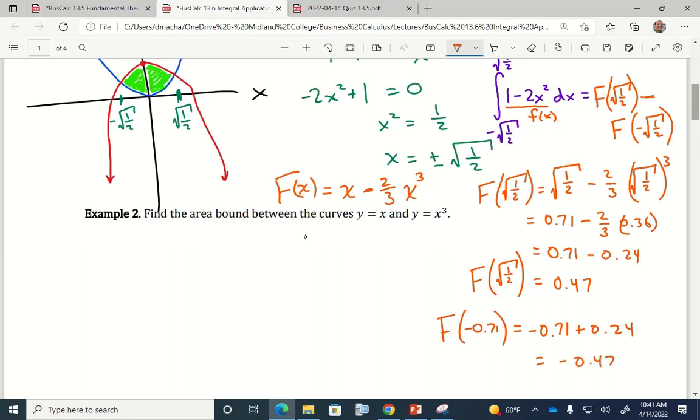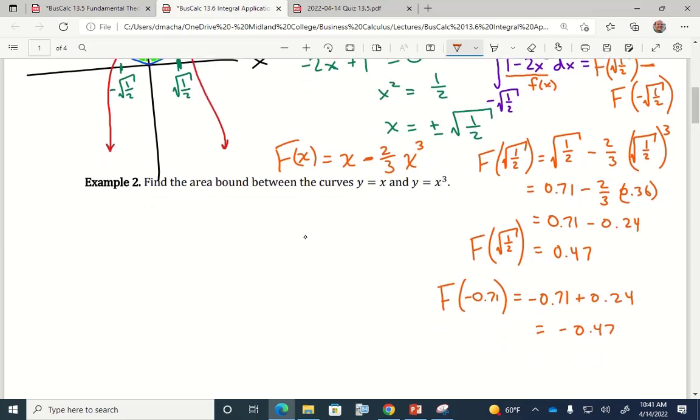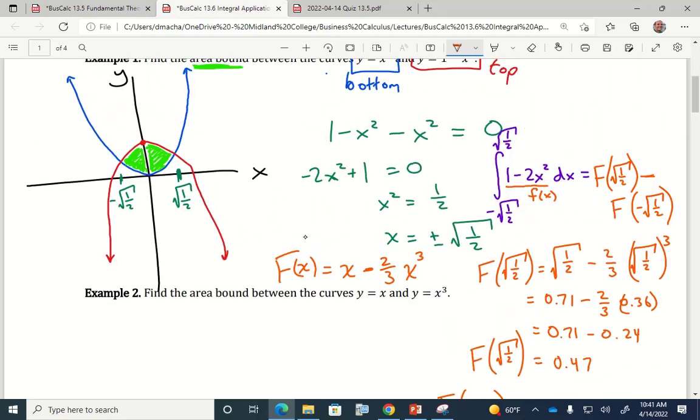Can't you not have negatives under the square root? Yeah, it's not under the square root though. This is outside of the square root. This is just plugging in my lower bound here, which is negative square root of half.